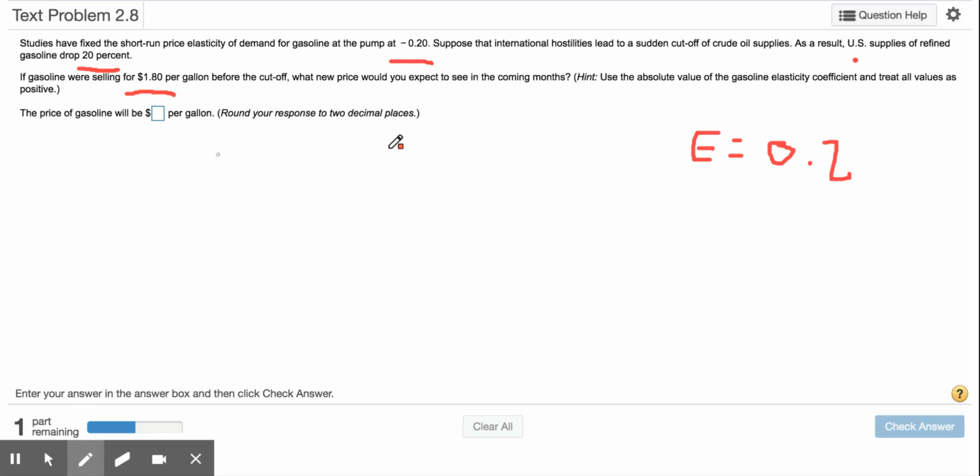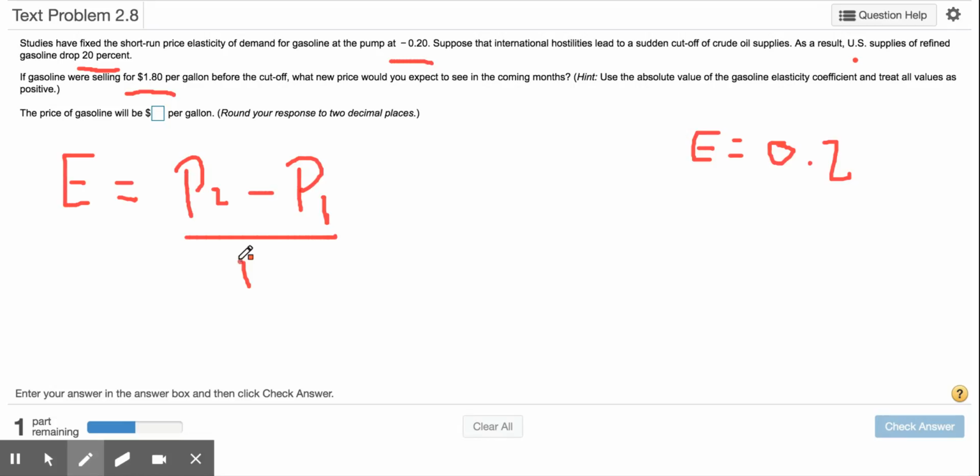Okay, so let's first write what we know. So we know that elasticity, E, is equal to percentage change in price, and we know how to calculate the percentage change in price, over the percentage change in quantity.